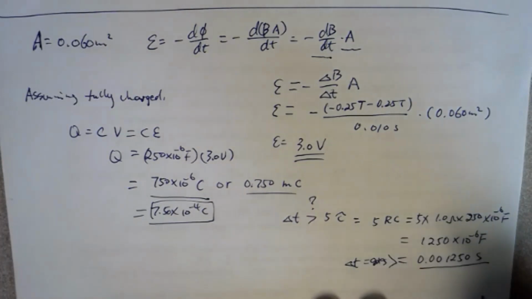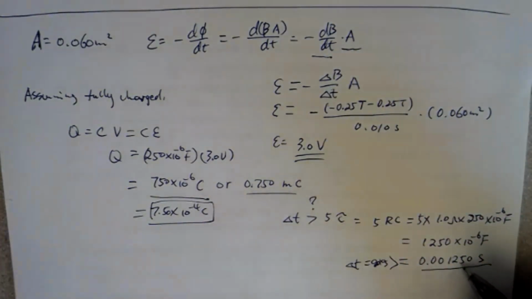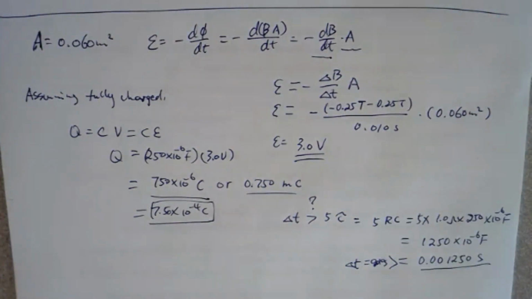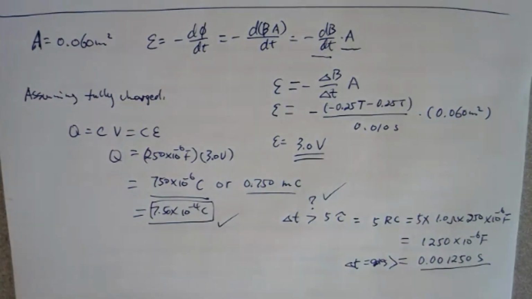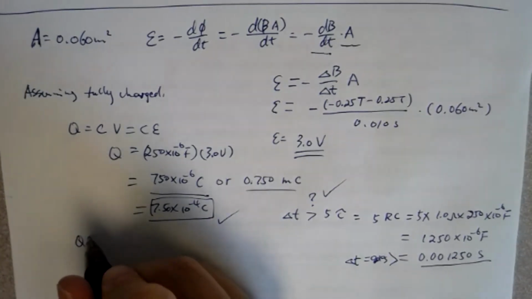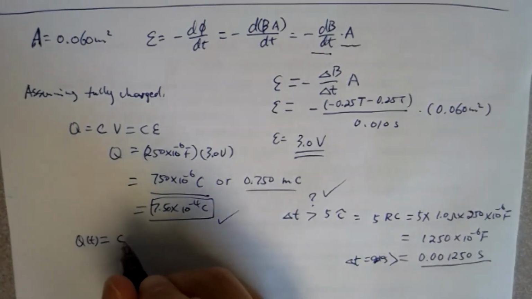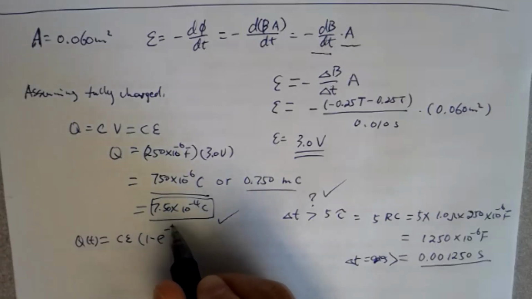Okay, so that's true. 0.01 second is greater than that, it's about 8 times that. So that's fine. So we are fully charged. So yes, that's right. If not, then you can do q as a function of time t, like C epsilon times 1 minus e to the minus t over tau.